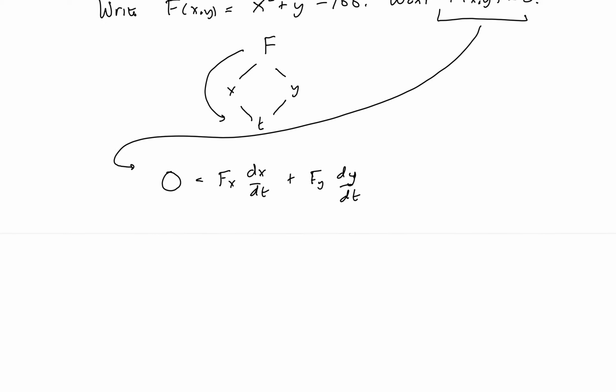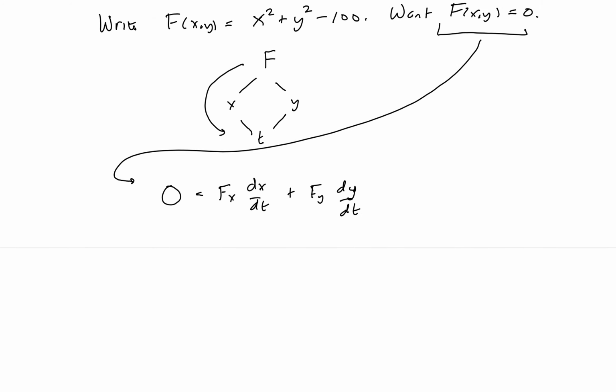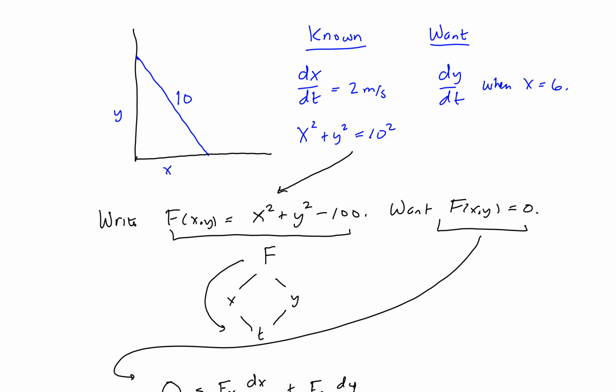And now we do our calculations. Notice our f up here, we take the derivative of that. So f sub x is just 2x. f sub y is 2y. And then we knew dx dt is 2 meters per second.